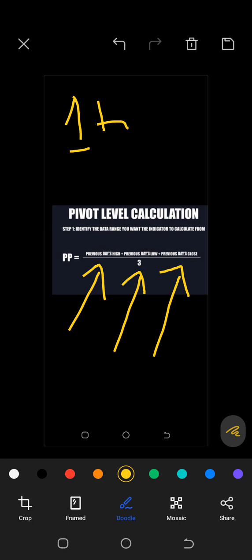Then you come to your calculator and input it, and then you divide it by 3, and that would give you the pivot point level price.